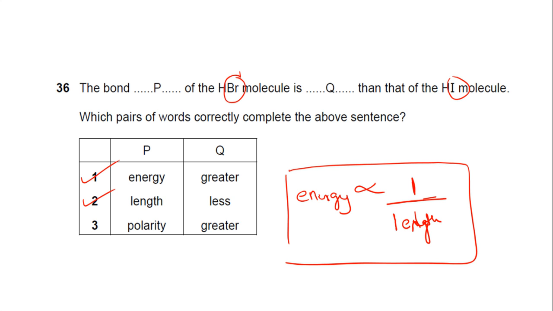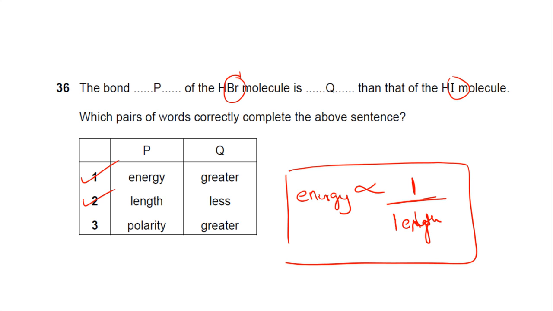In other words, you can also memorize this in this way: in the HBr molecule, if Br is smaller in size than iodine, which it is, then it will overlap more effectively with hydrogen's 1s, and they will be much closer together because of the smaller size of the orbital. So 2 is correct because Br has a smaller size than iodine.